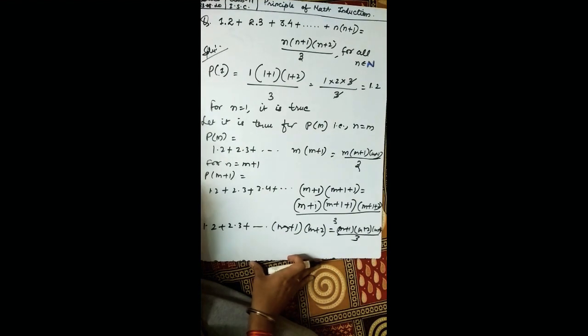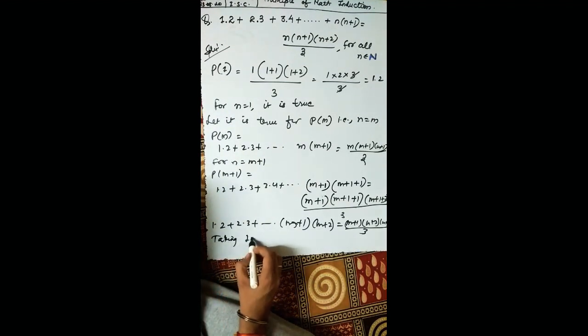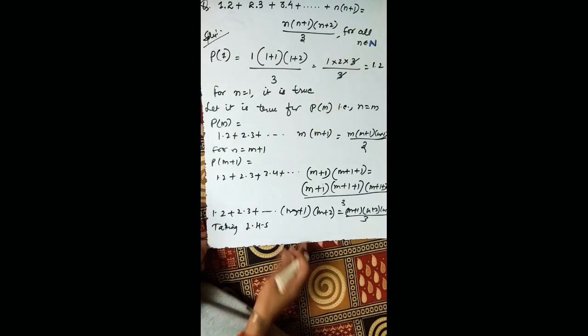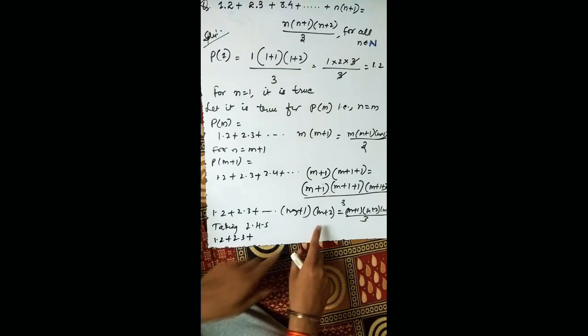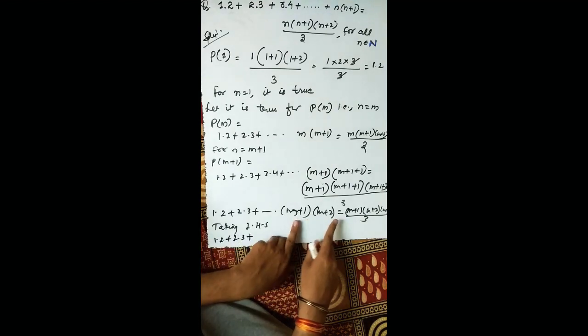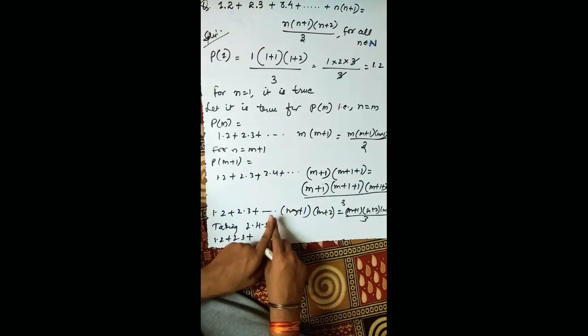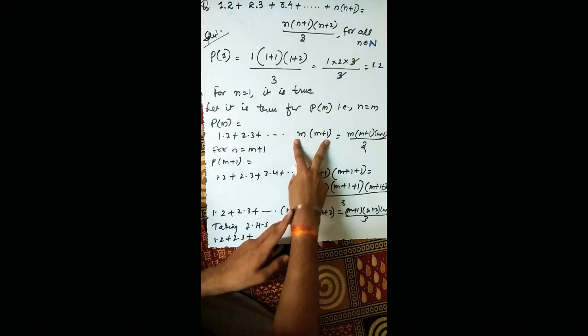Now what we do, we take LHS. So taking LHS, how can we write this LHS? 1 into 2 plus 2 into 3 plus, this is m plus 1, m plus 2. I explained what will be the preceding value of it. You always remember the preceding value will always be this one.